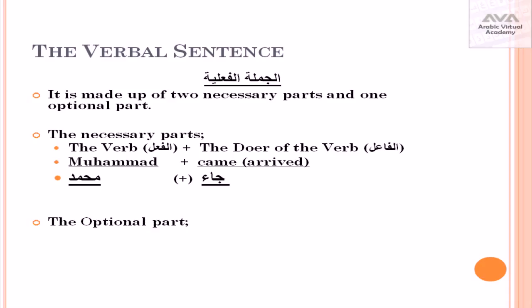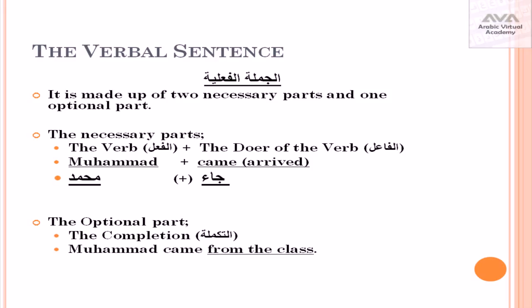But if you like, you can put on what they call a takmila, the thing that completes the sentence. You can add on the end, like we wrote in the second sentence, min ad-dars. Ja'a Muhammad min ad-dars. Muhammad came from the lesson.